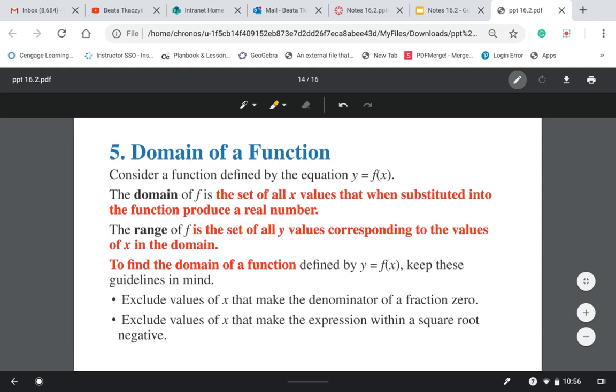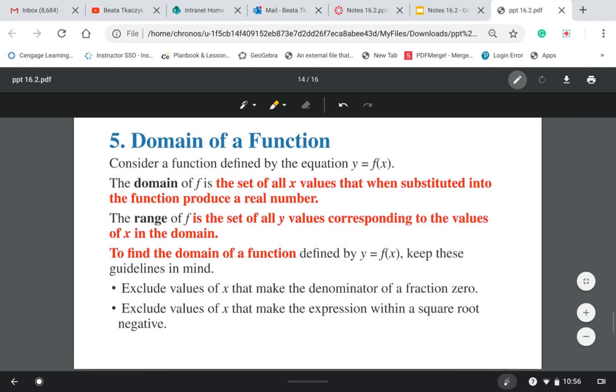But first, let's just read the information which I gave you. So the domain of the function: consider a function which is defined by the equation y equals f of x. So that means y is a function of x. The domain of a function is the set of all x values that, when substituted into the equation, produce a real number.